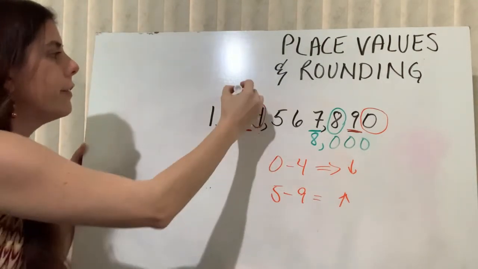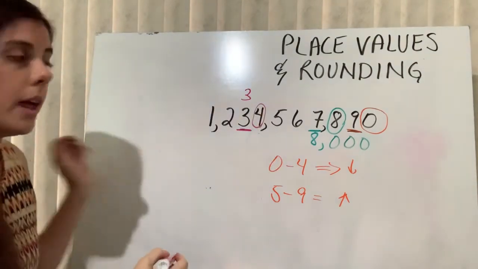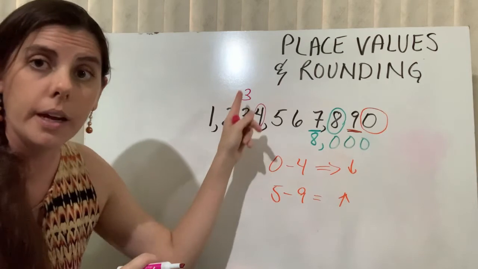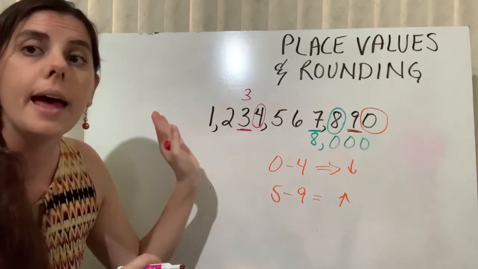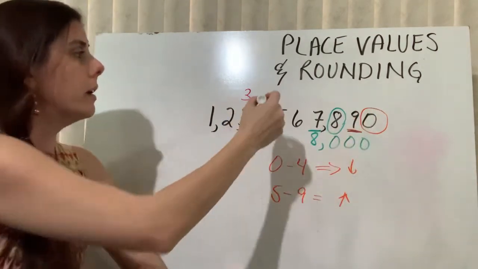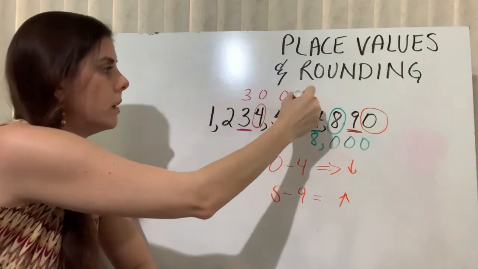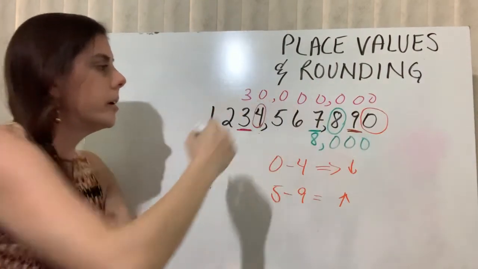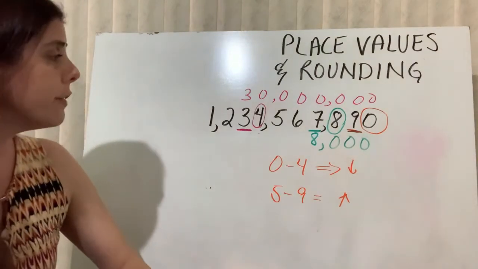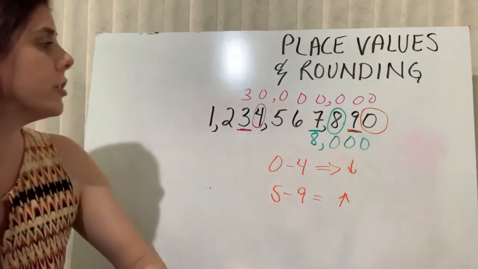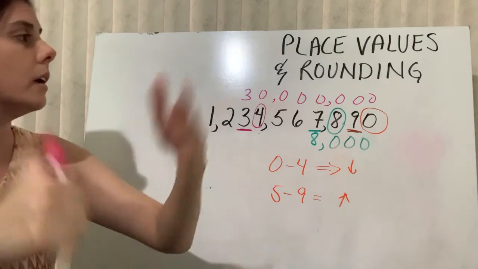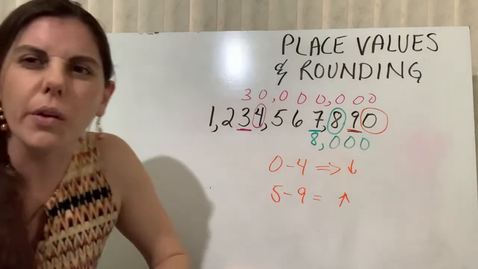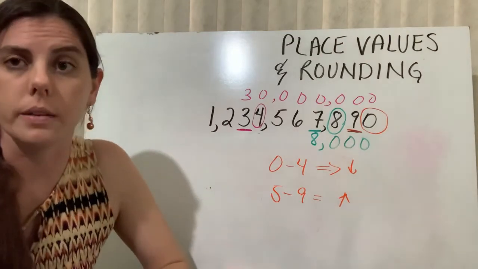Because we're rounding to the nearest 10 millions and that 3 stays the same, everything behind it is going to become a 0. So if I had 34,567,890 pennies, I could say I have about 30 million pennies.